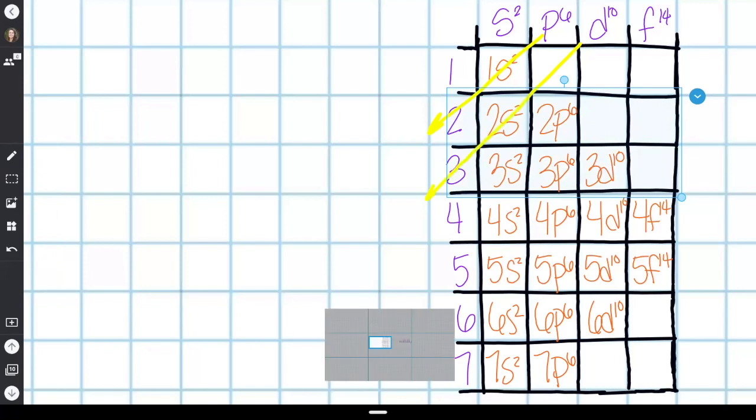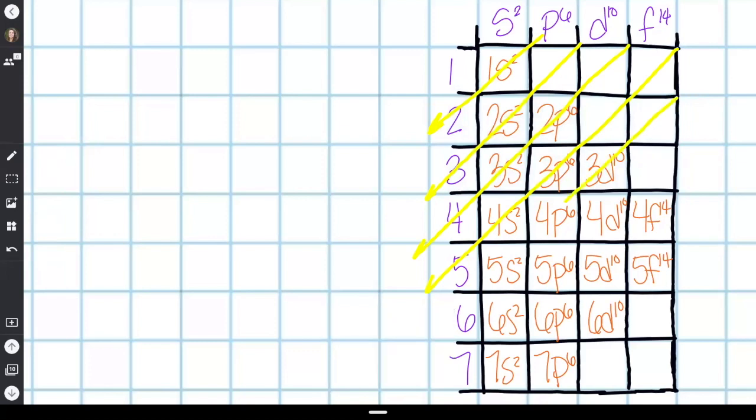Next one, corner to corner, to corner, to corner. Corner to corner. Please make sure you go through the corners, elsewise your numbers are going to follow the wrong path. You'll end up in the wrong box and you will have the wrong order. So make sure you're following corner to corner here. Corner to corner, corner to corner.